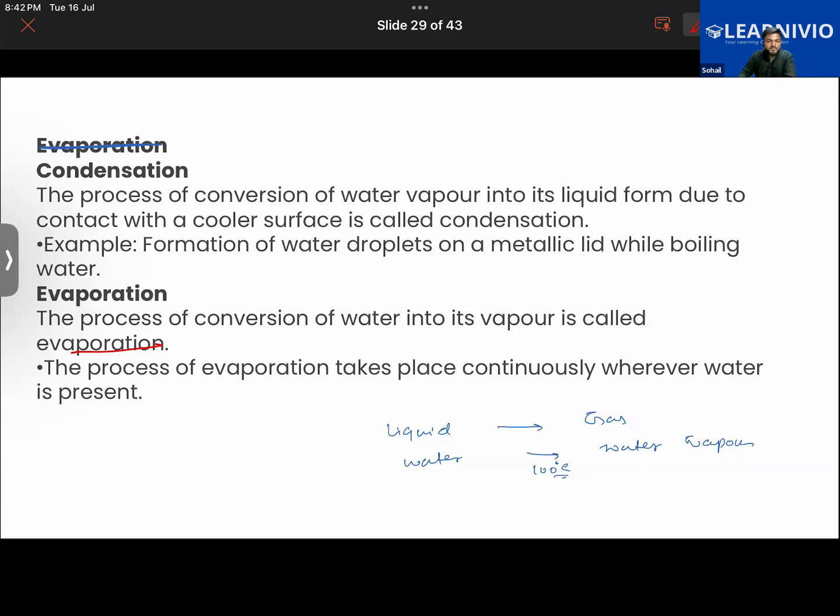Okay, I hope you have understood this so far. Also, the rate of evaporation will be maximum at 100 degrees Celsius. That is the important point here.